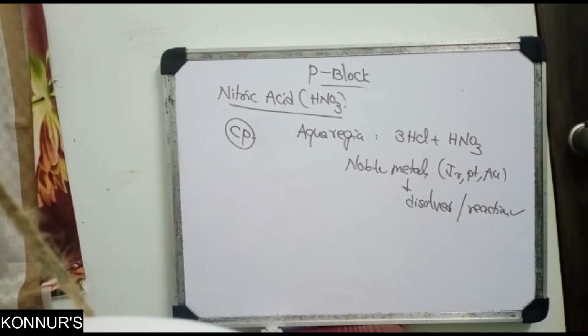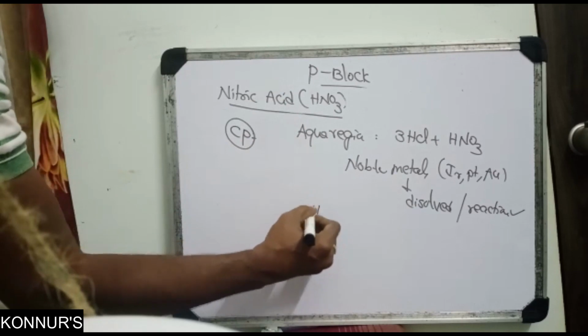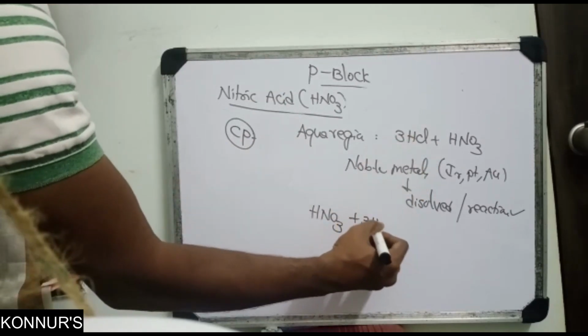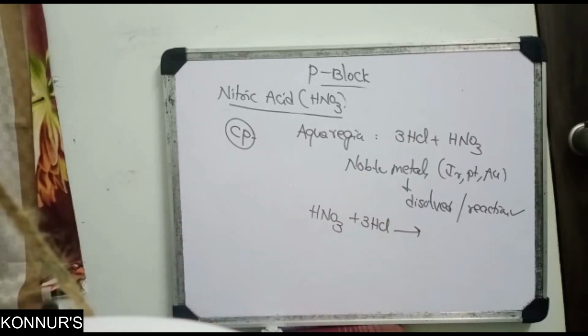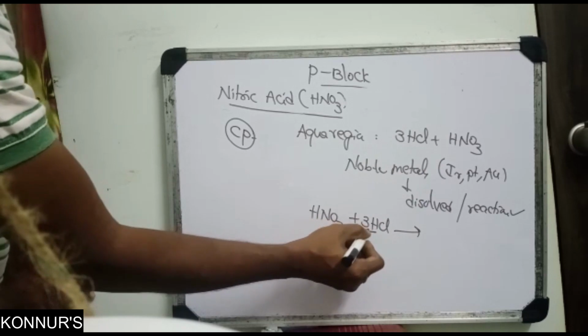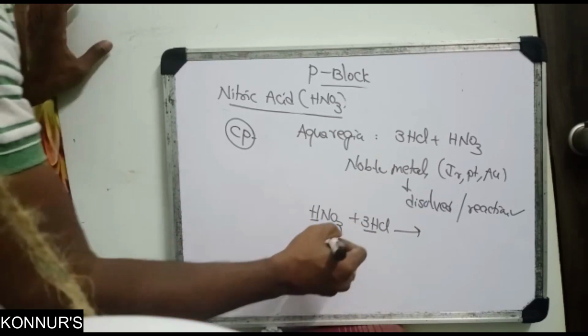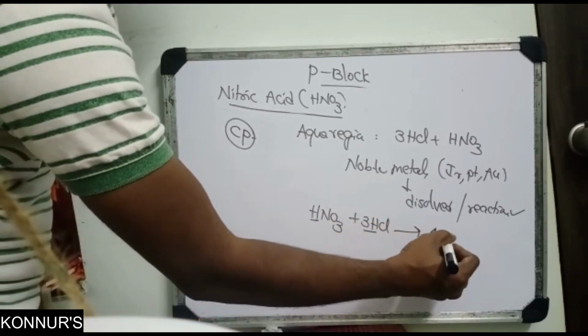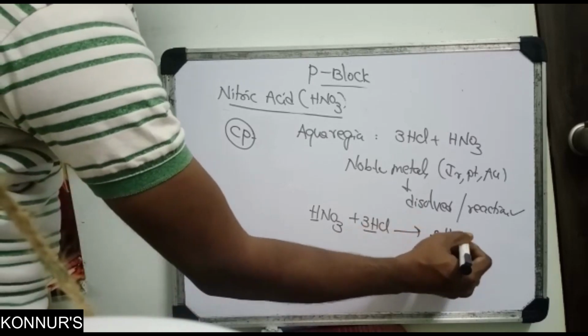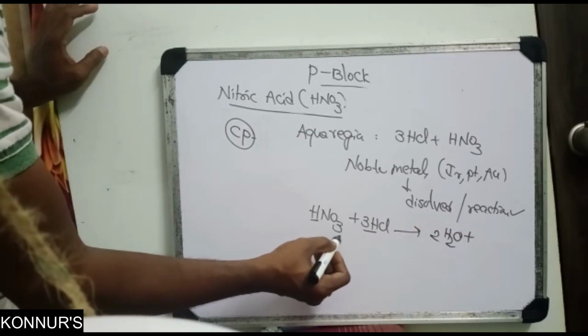The species that reacts is nascent chlorine. See, you take HNO3 plus 3 moles of HCl. So what happens here? See, 3 hydrogens, 4 hydrogens. 4 hydrogens means 2 water molecules will go outside. So 2 water is gone.